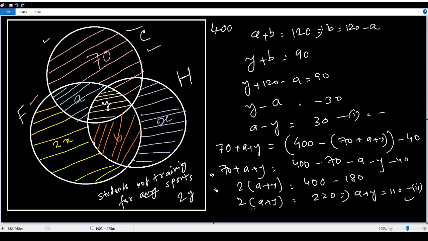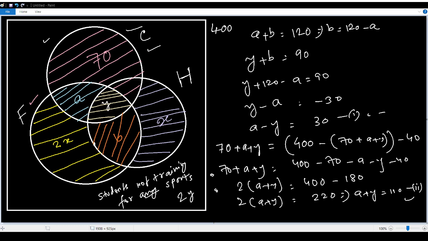So let me solve 1 and 2. Solving equation 1 and 2 is very simple. We have a minus y equals 30. 70.